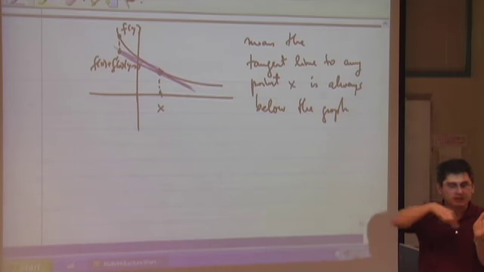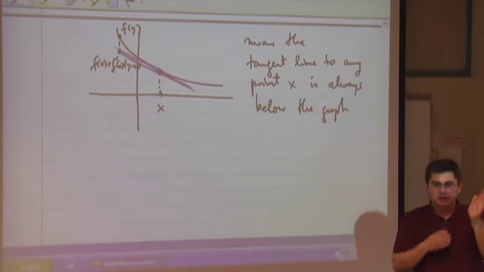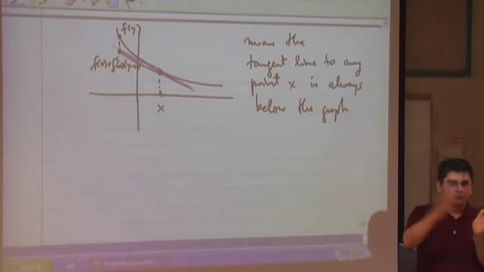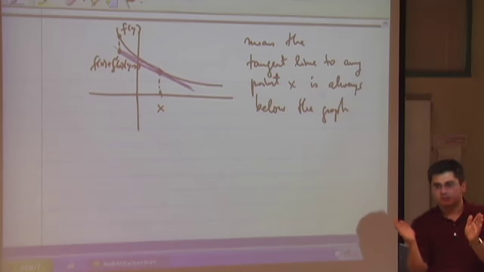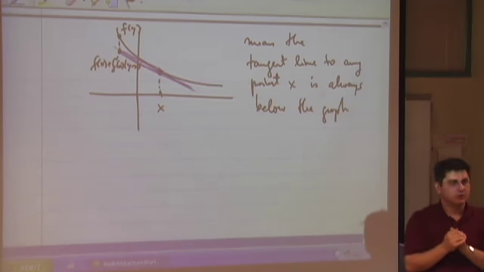So the feasible set itself is going to be a convex set that is left on one side of every tangent space to that feasible set. Okay?